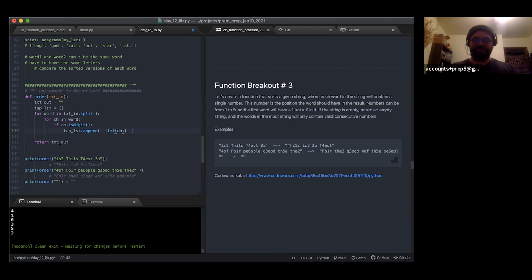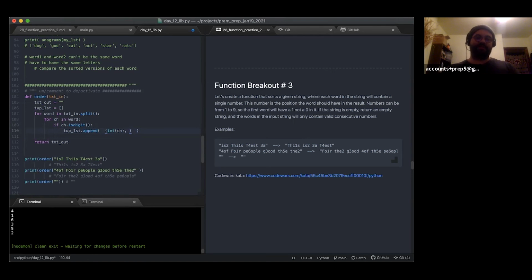So it'll be the integer version of the character, which I know is a digit. I've already determined it's a digit, so it's safe to run int here because it'll work since ch is a digit, right?